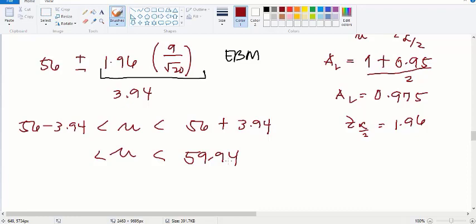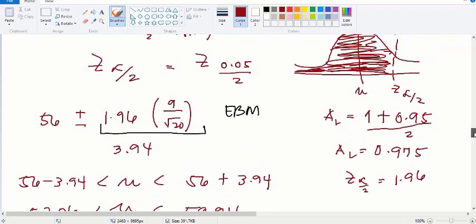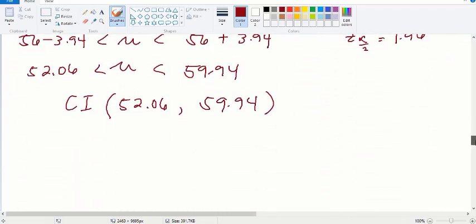And 56 minus 3.94 is 52.06. Therefore, your confidence interval is 52.06 and 59.94. That is the interval for this situation.